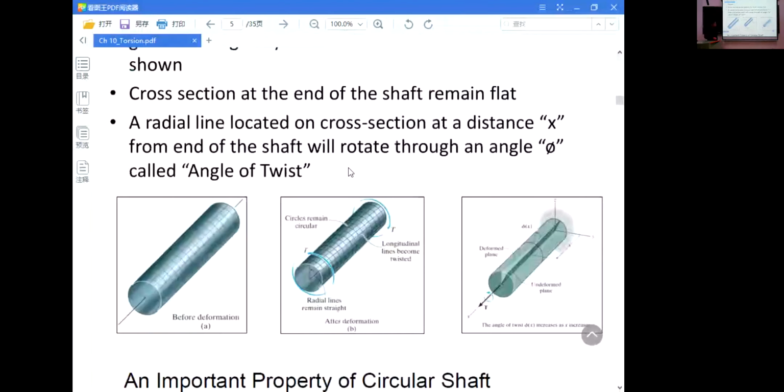We will find the deformation like this. Suppose the shaded plane moves to a new location.